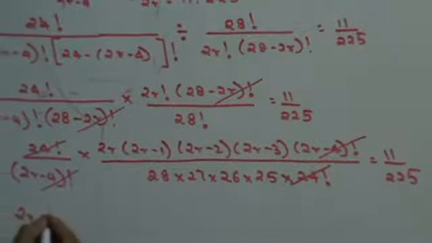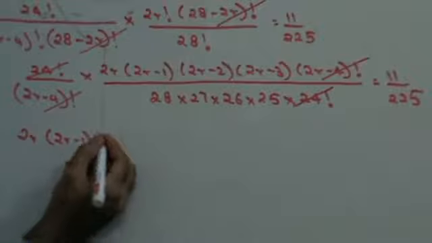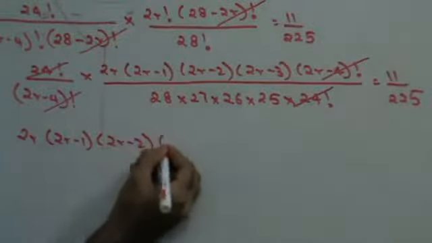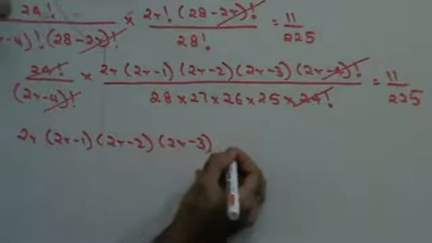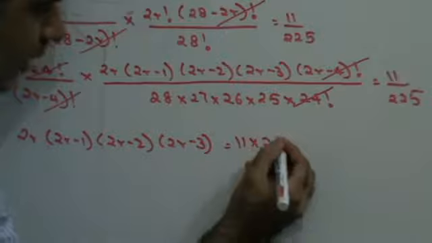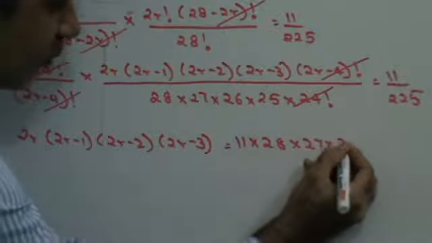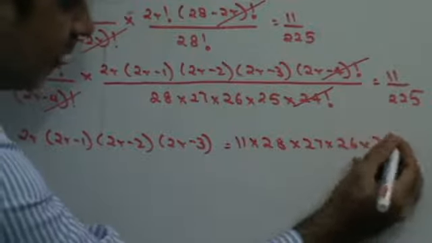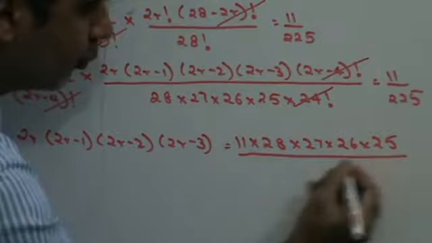Therefore, I can say 2r into (2r minus 1), (2r minus 2), (2r minus 3) is 11 into 28 into 27 into 26 into 25 upon 225.